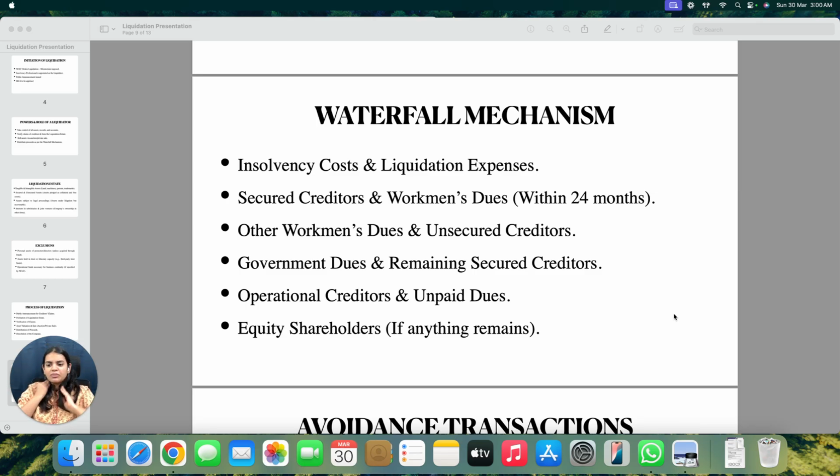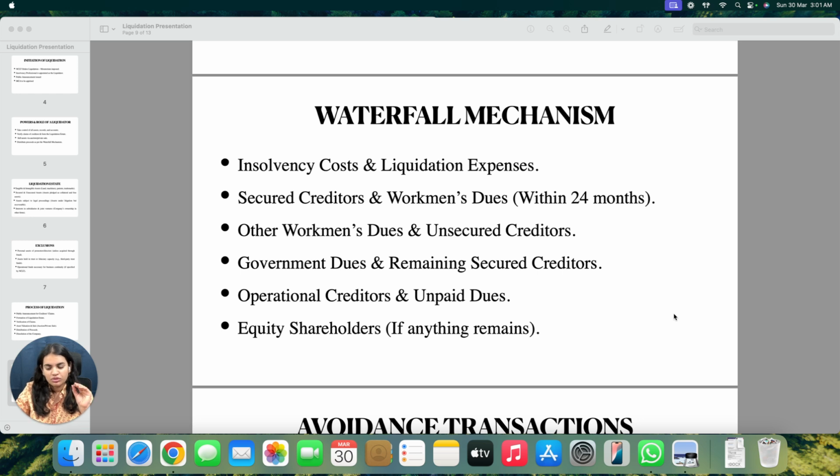So if any amount is realized, then it will have to be paid in this particular order. Let's assume that insolvency costs and liquidation costs have already been paid off. Now coming to secured creditors and workmen's dues.